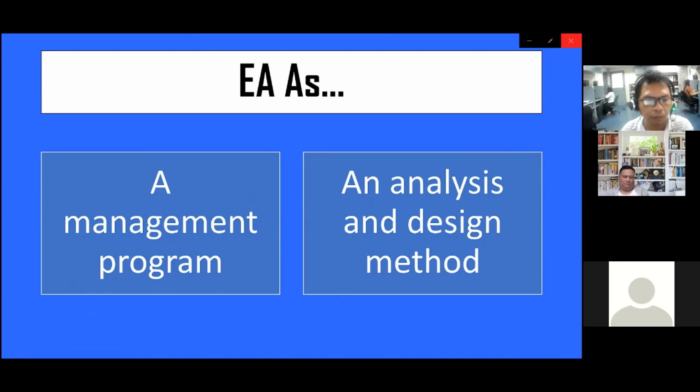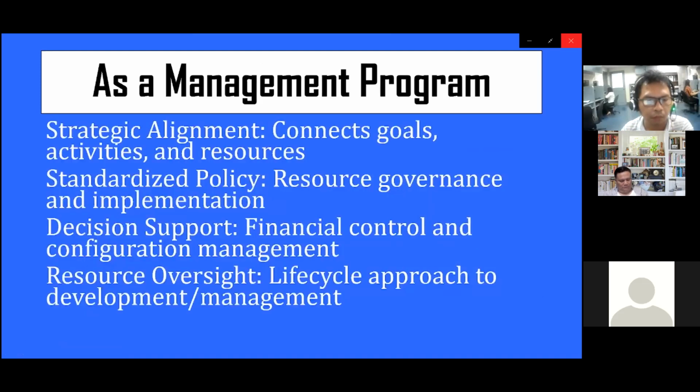I'm just giving you an overview of the whole chapter, and I also use other online references. So going back, two ways that we can look at EA. Let's start with EA as a management program.